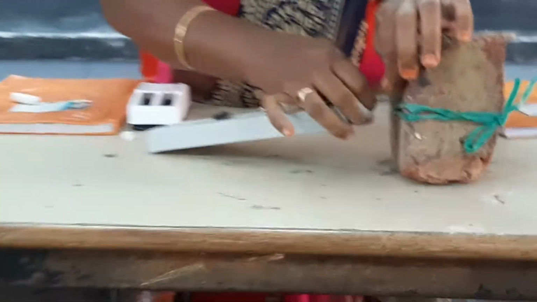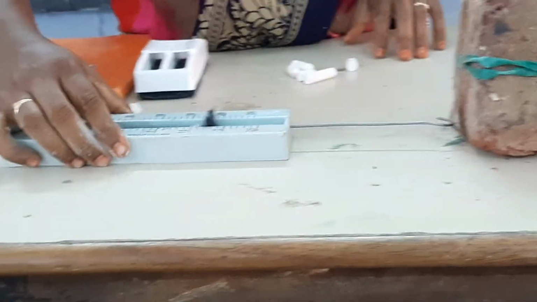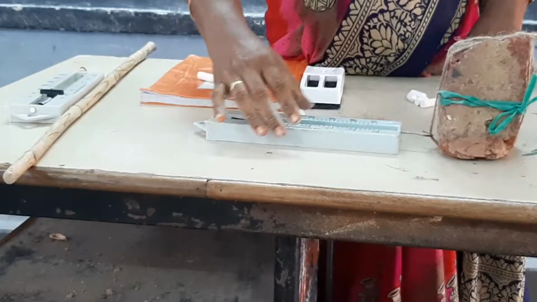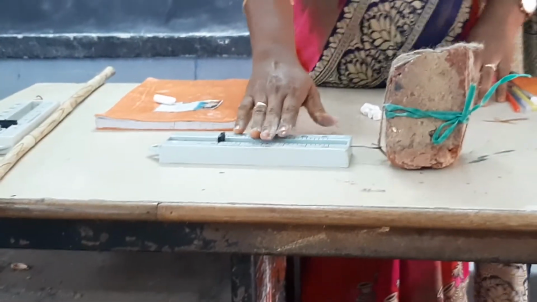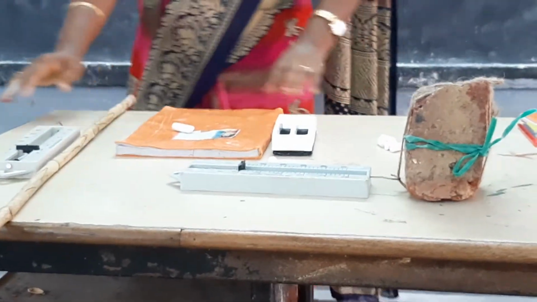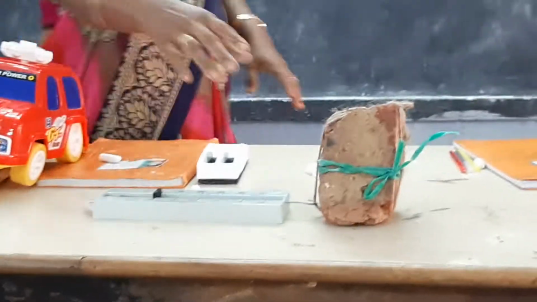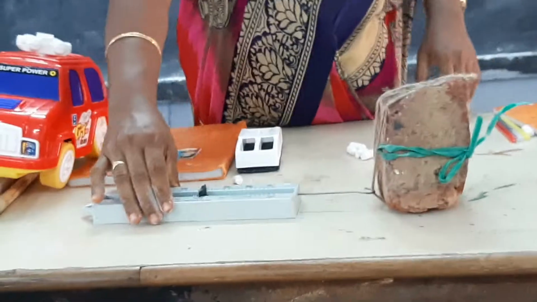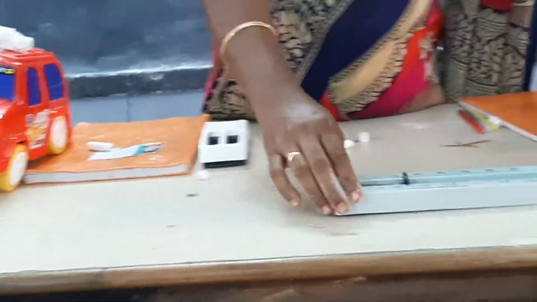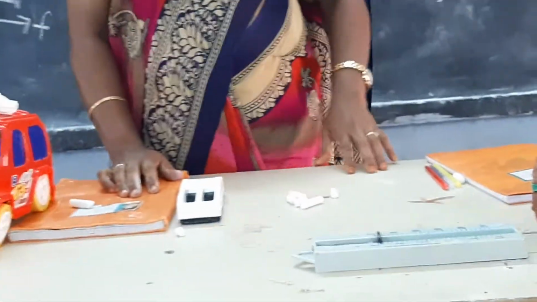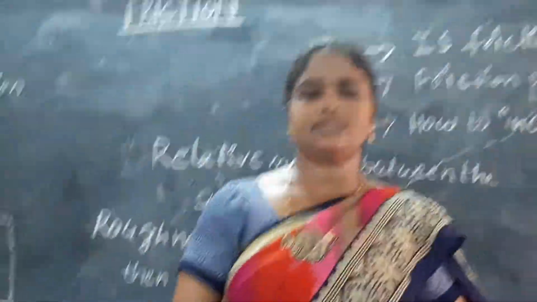Now tie the spring balance and try to pull the brick. Here the same frictional force appears. So in both cases the frictional force is the same.